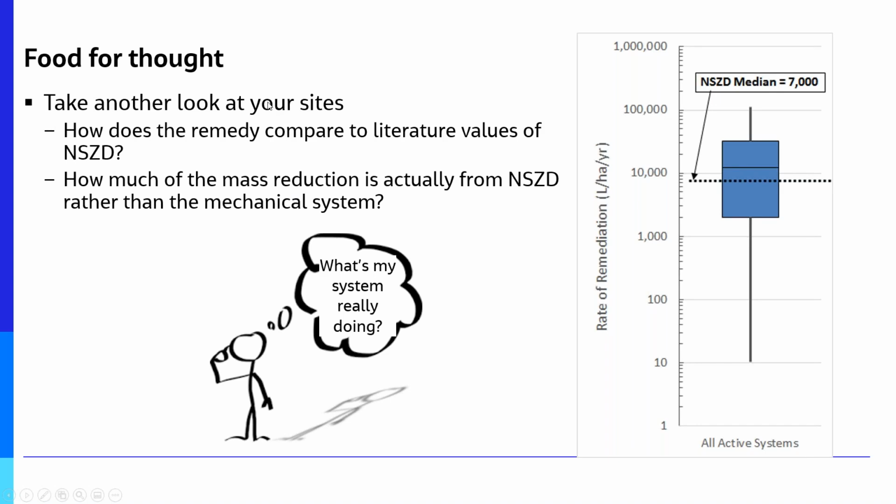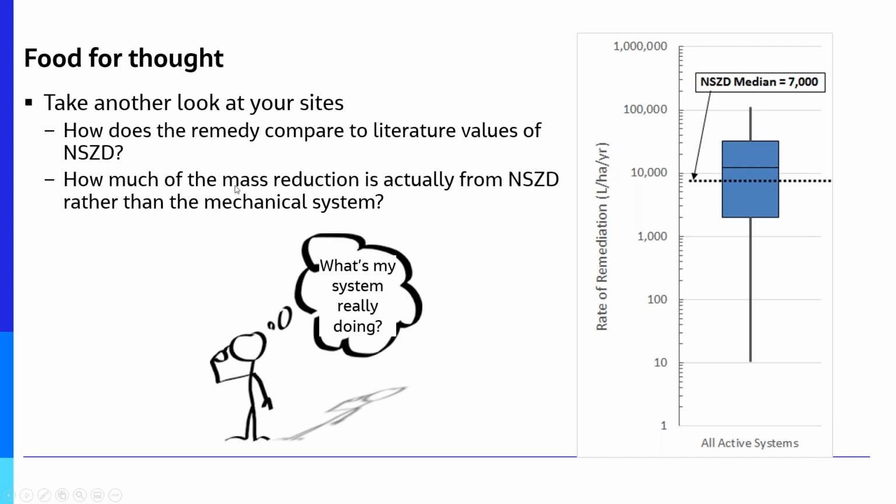Take another look at your sites, and even just using literature values here on the right-hand side of this slide. Put your remediation systems in this common unit, so you kind of have to normalize it per unit area, hectare, acre, whatever you use, and see how it's doing. At most of our sites, we're getting about 7,000 liters per hectare per year.